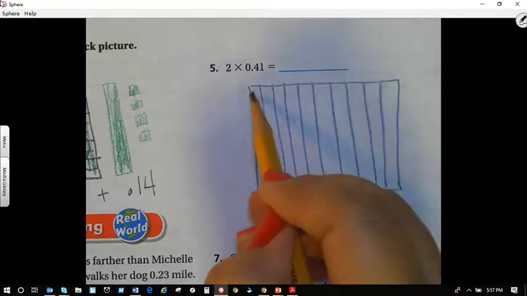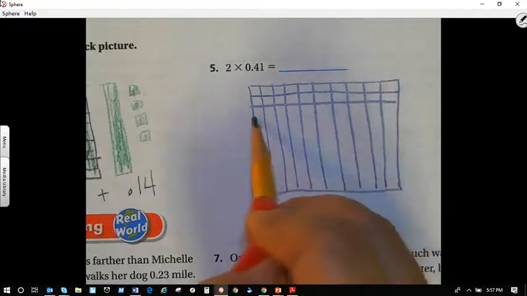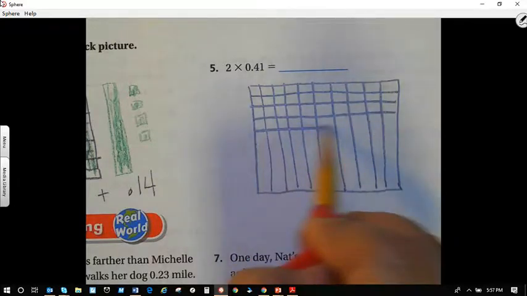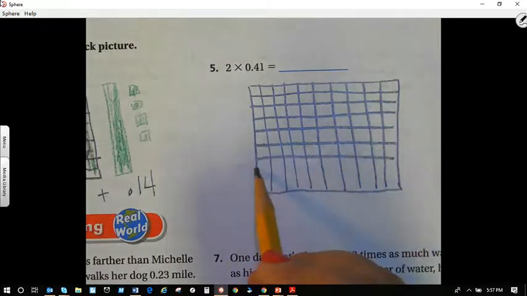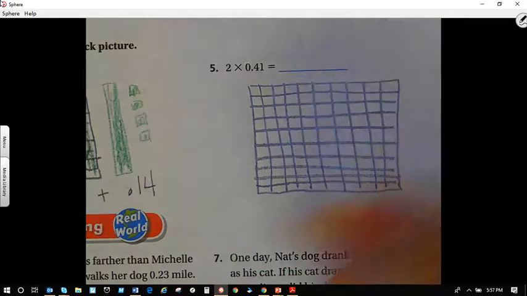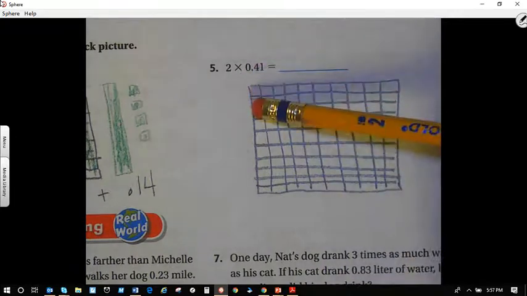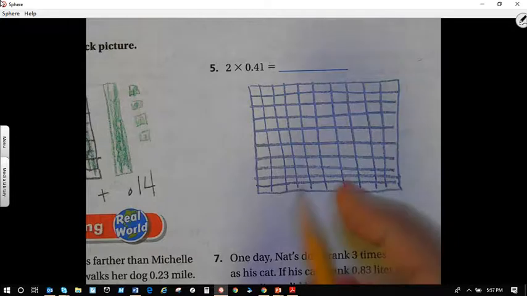Does that work? 2, 3, 4, 5, 6, 7, 8, 9, 10. Yeah, it's a little squishy down there.